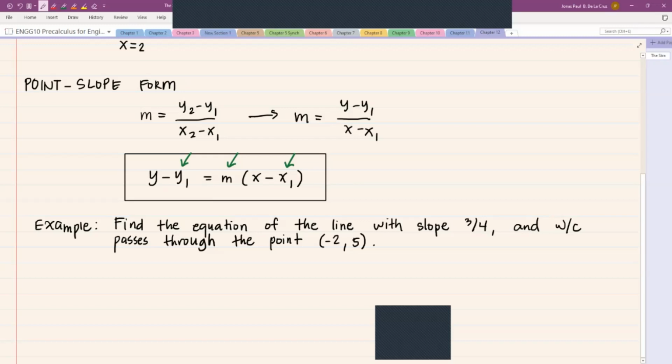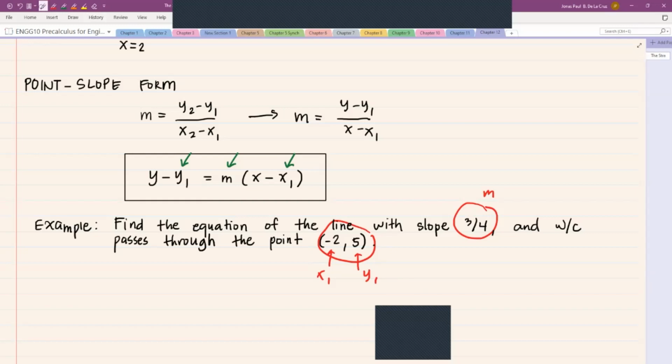Yan. So, dito meron tayong given na slope. Okay, this is the slope. And meron tayong given na point. So, we are going to use the point slope form of the line. So, this is m. Itong x-coordinate, this is our x1. Itong y-coordinate, this is our y1. Okay?